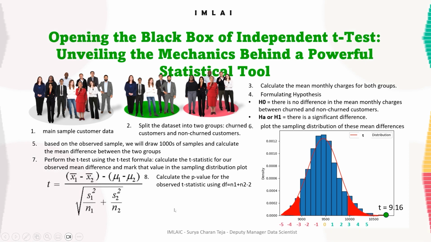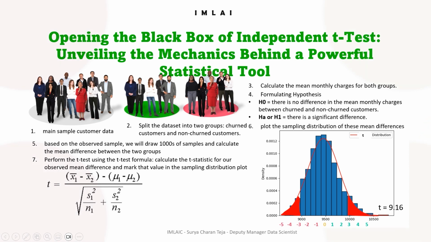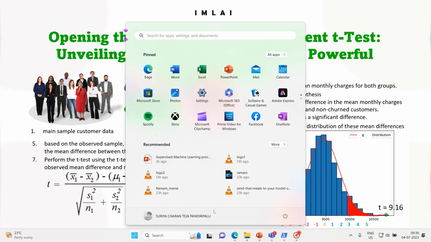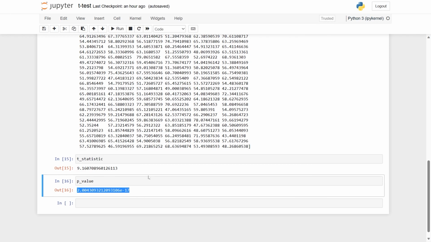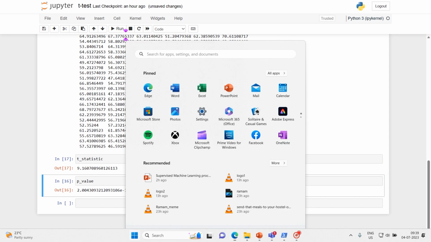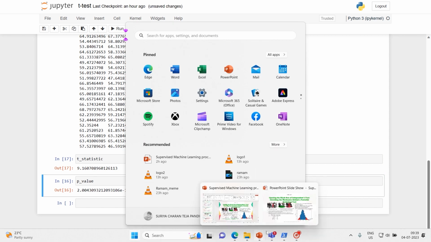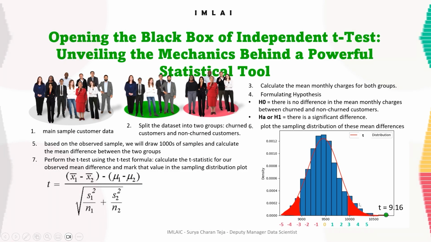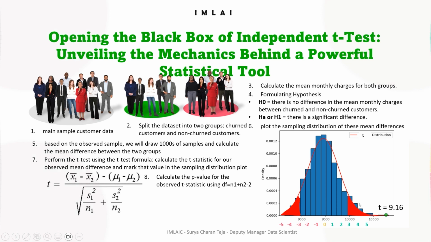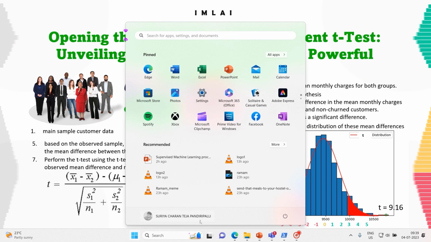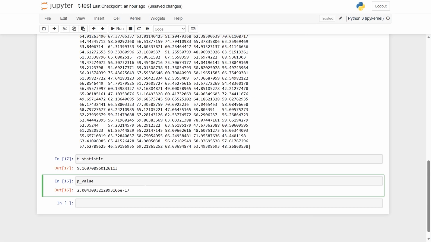I got a t statistic of 9.16, which lies outside of the rejection region. Then we calculate the p-value for the observed t statistic using n1 plus n2 minus 2 degrees of freedom.